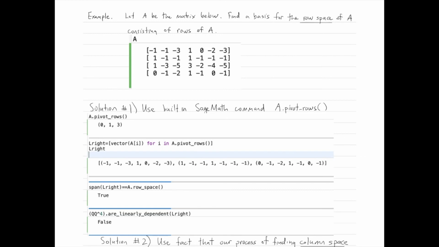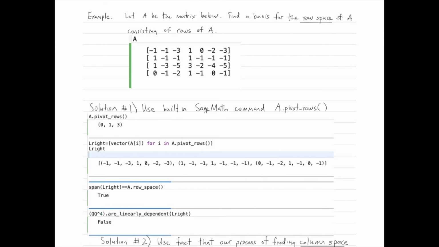Let's check that this gives the right answer. So let's make a list. I'm calling it R because it's going to be the right answer as opposed to L wrong. Okay, so now I'm throwing in the rows of A, not the RREF of A, but for the indices i that are in the pivot rows result.